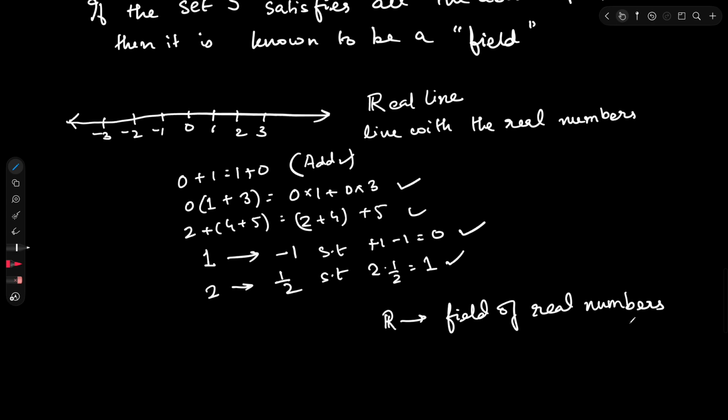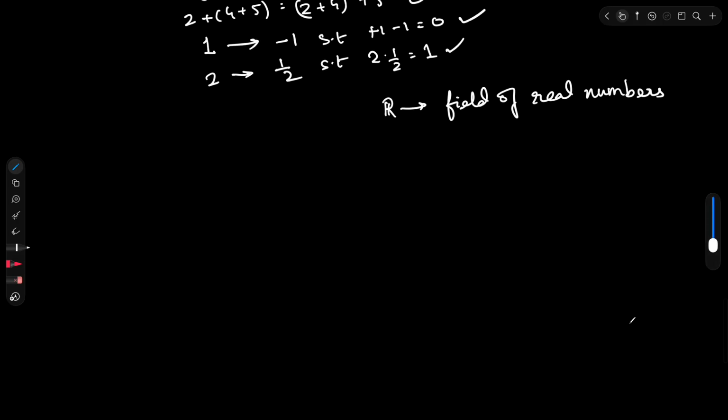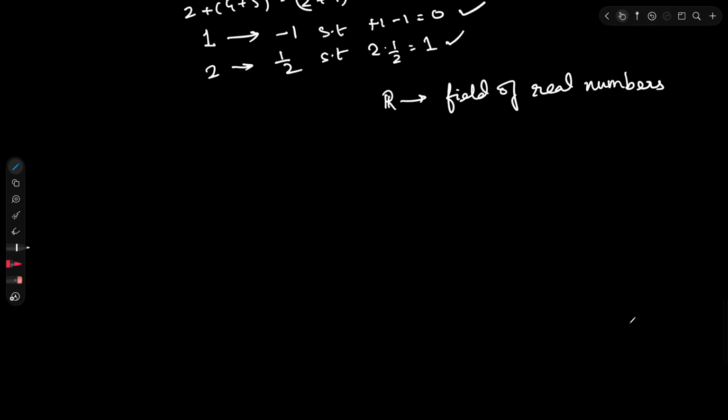Now the interesting part here is this: suppose we have a set S, and in the set S we have elements like v1, v2, v3, v4.